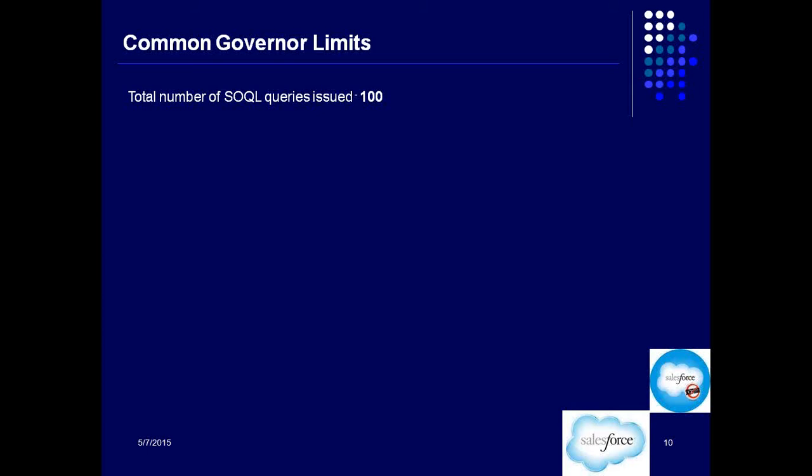So it will just get executed 100 times and the 101st time it will throw you an error, an exception, correct? So while you're writing the code, you need to make sure that you are not executing your SOQL query more than 100 times in a transaction.